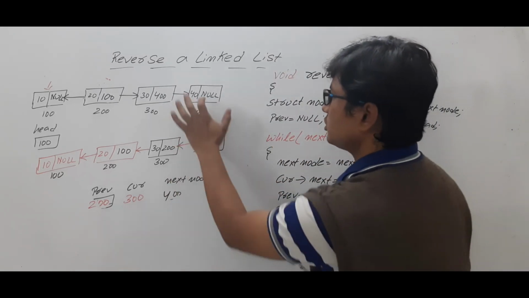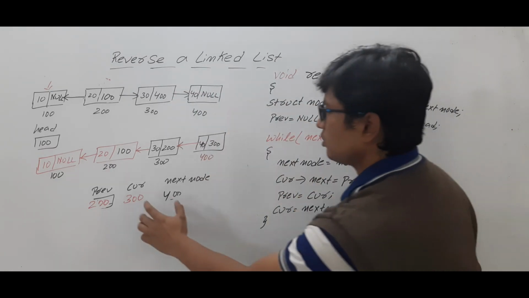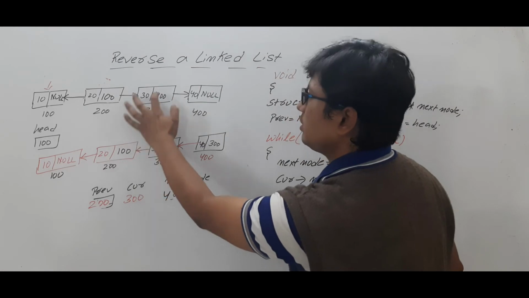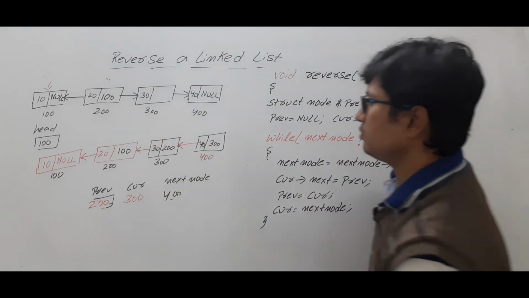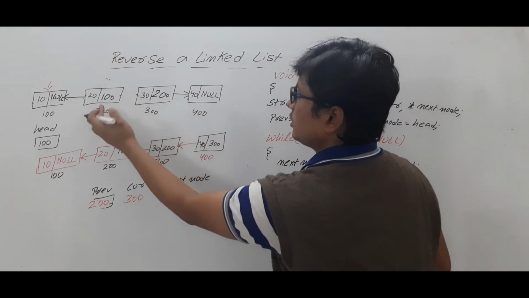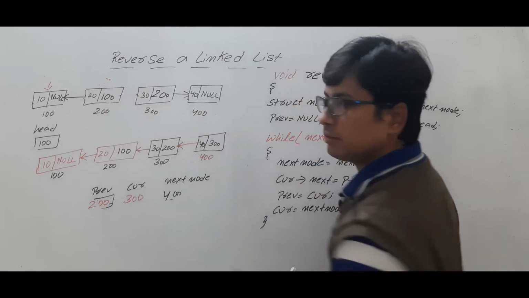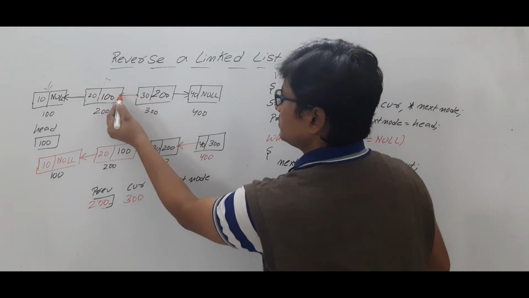So this node is pointing to this node. Current of next is pointing here. Of next means this one they are talking about, is equal to previous. So here you are getting 200. So this link is already broken, because once you make it 100, this link will be broken. Now this node is pointing to this node.